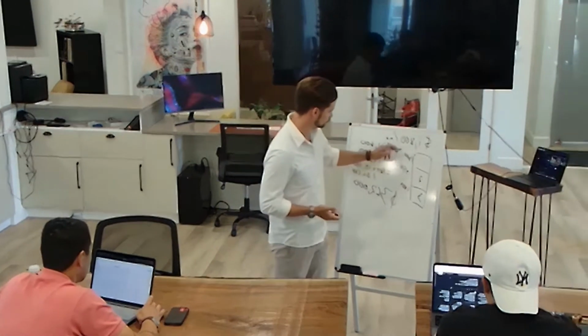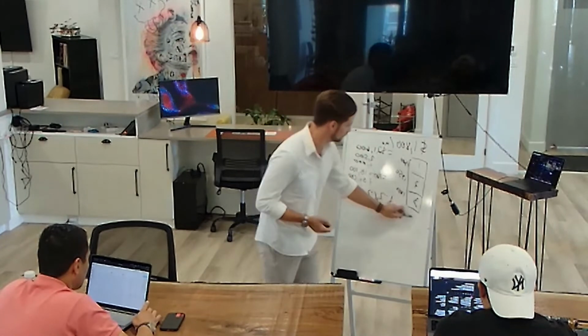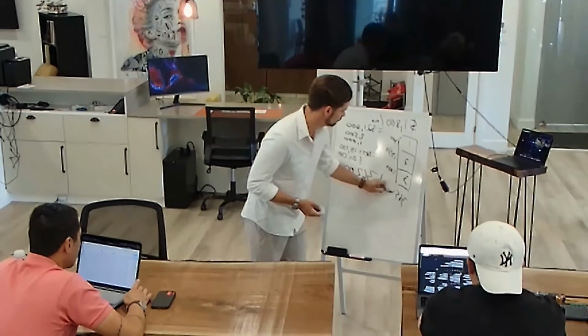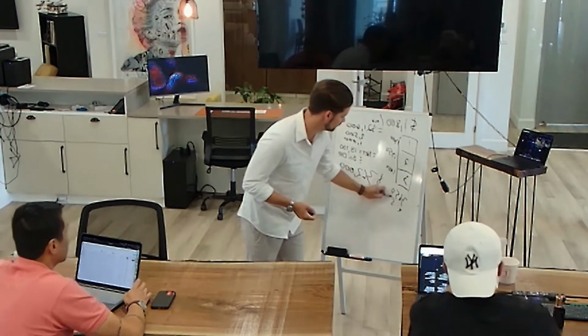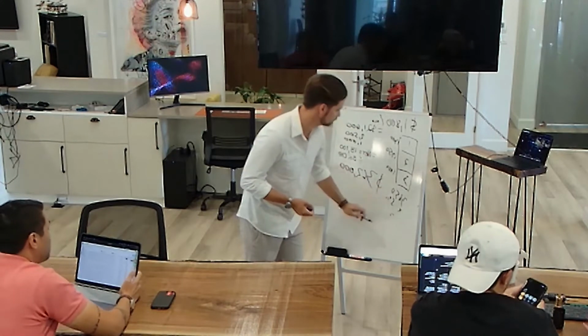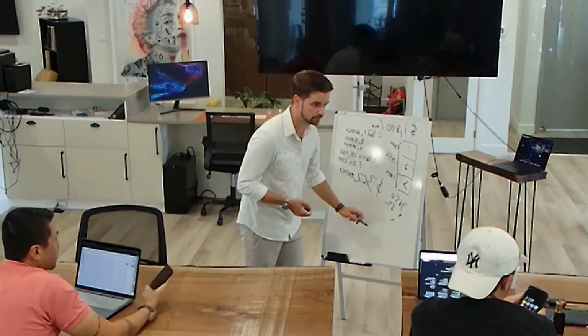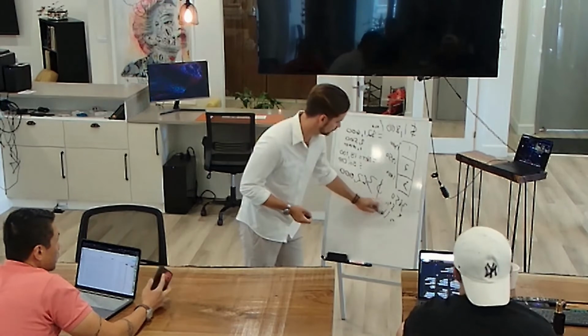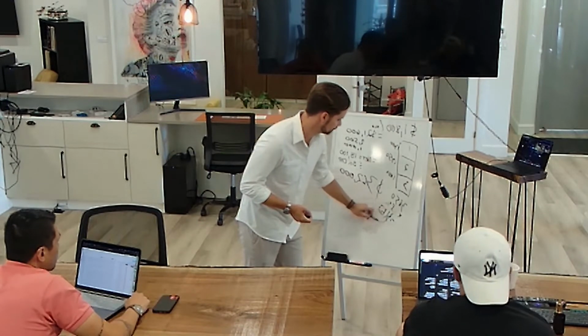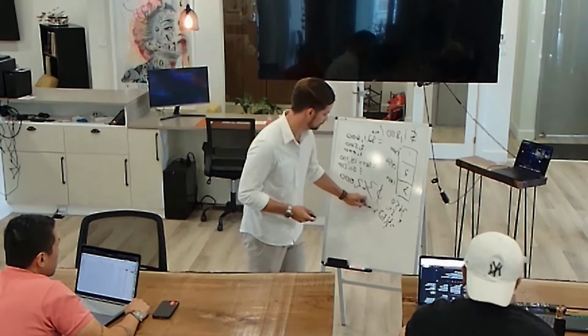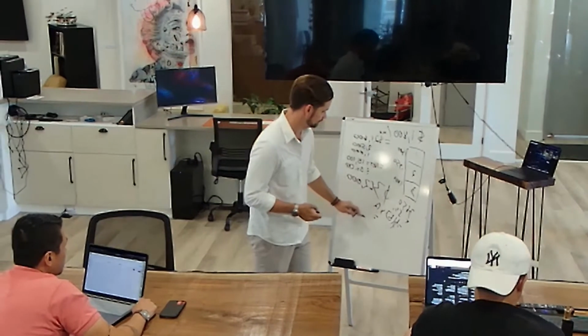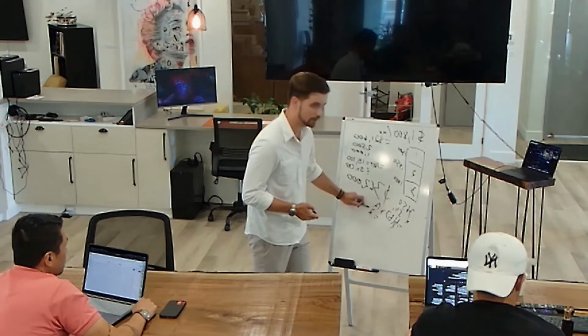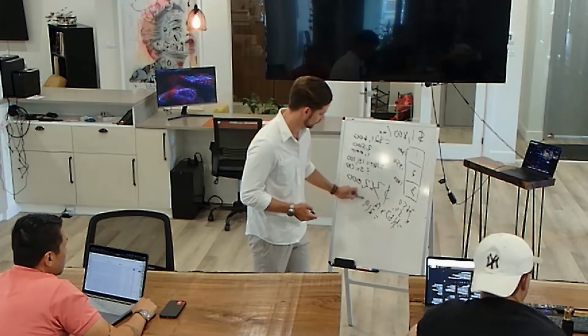Now, this is 3,650 times 5% equals 182.5. $183 extra per month. Times that by 12, 2,196.